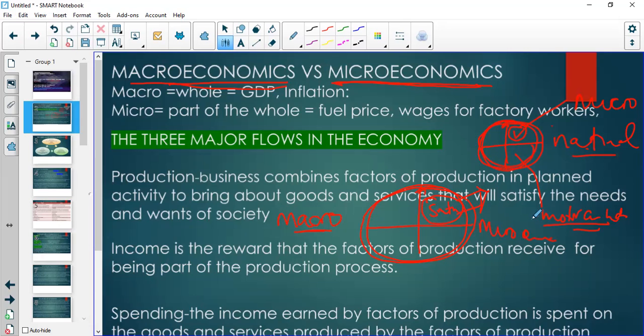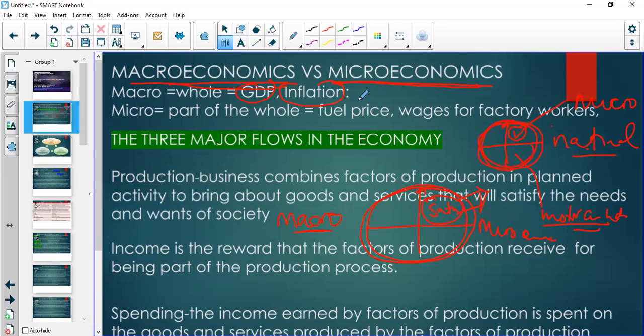So microeconomics and macroeconomics depend on from what perspective we say this is macro, this is micro. But in most cases, because economics is studied from a national perspective, macroeconomics generally refers to the whole economy in a country. So we could talk of things like your GDP, your inflation, your national employment.